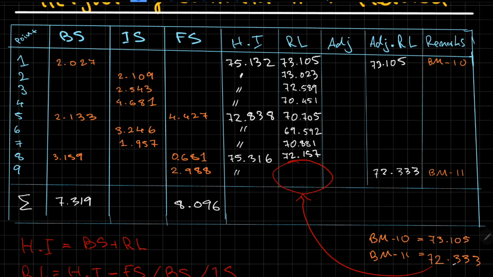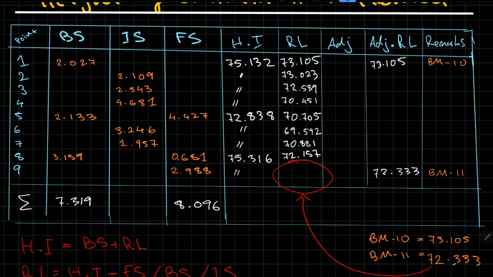So we're just going to calculate that again, see if it equals 72.333. So we have the reduced level here. We're just going to minus the foresight, see if we get 72.333.